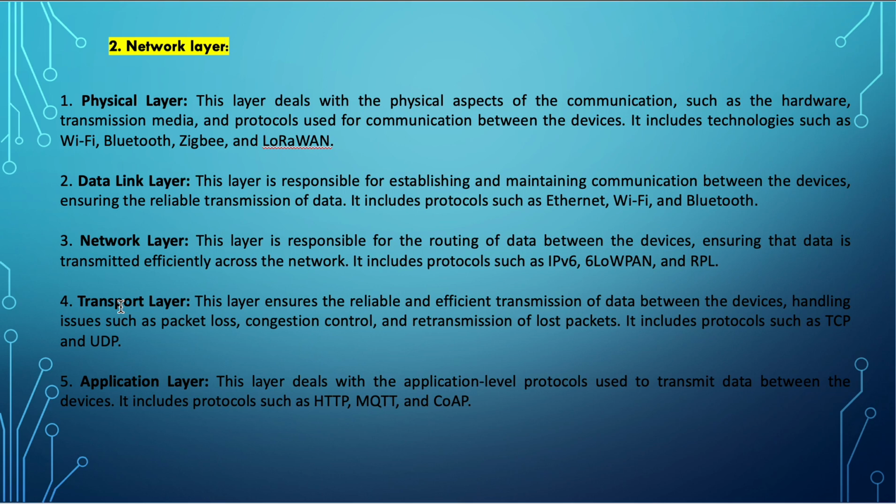So in that we will find that on the physical layer, this layer deals with the physical aspect of communication, such as hardware, transmission medium and protocols used for communication between the devices. It includes technologies such as Wi-Fi and Bluetooth. These two we know. Then we have a word called Zigbee and LoRaWAN, right?